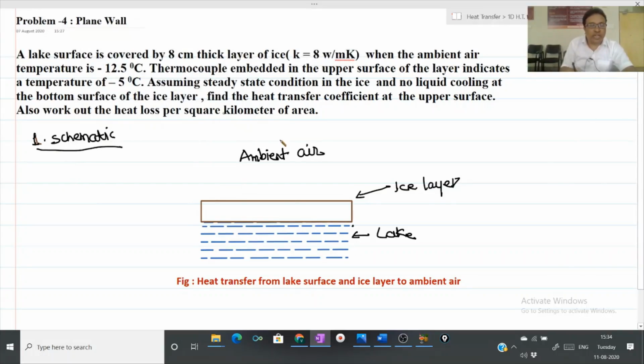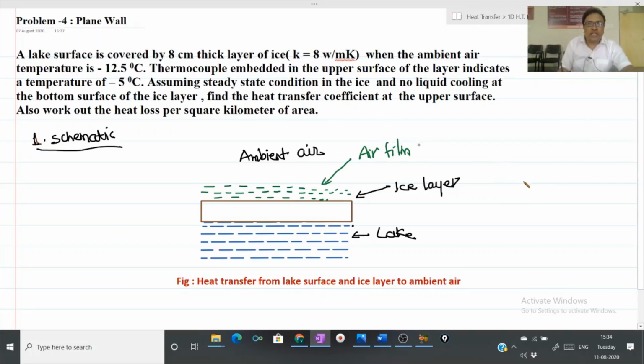And this ambient air will be represented by the air film, which is in contact with this ice layer. So it is air film.